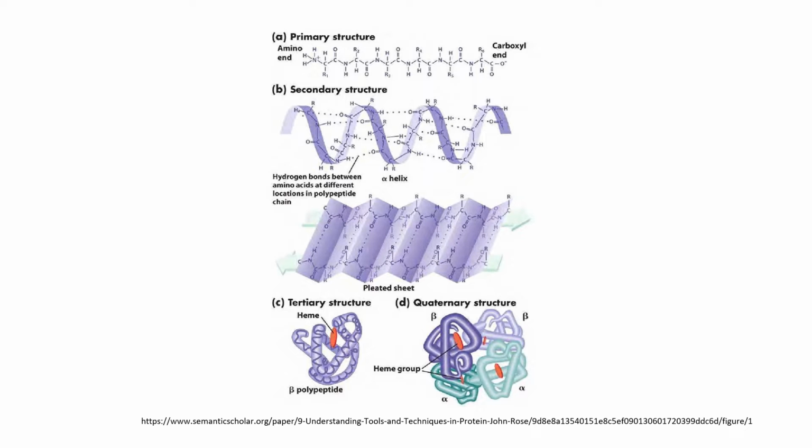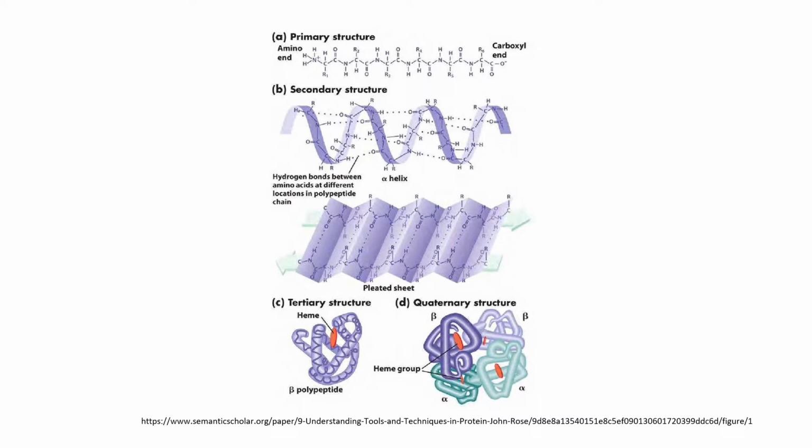And what this slide is showing is, for example, how this happens with the critical protein hemoglobin. Once I have that one chain, it may then go and function as a protein, an enzyme, for example, or it may need to combine with other chains to form the full protein.